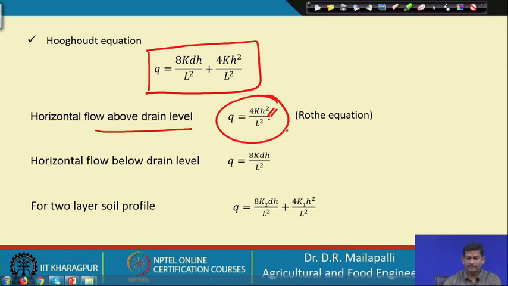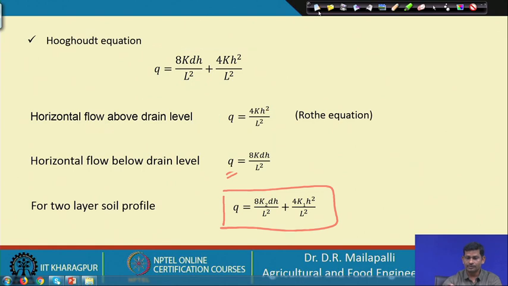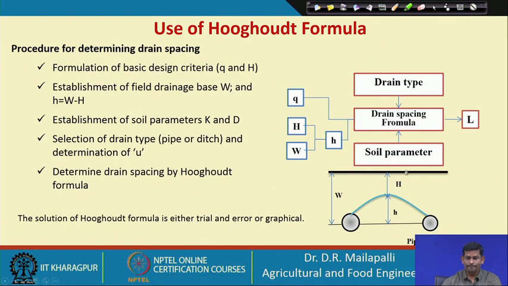Since this one contains D, this is the flow below the drain. So, this again combines both horizontal flow above and below the drain base.